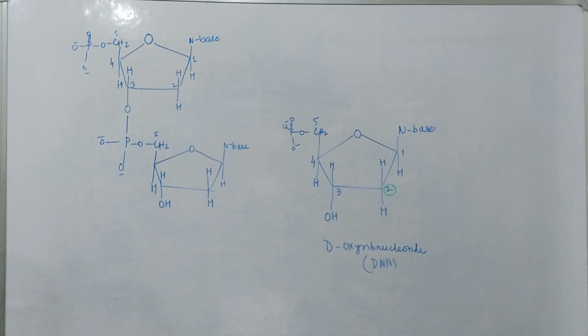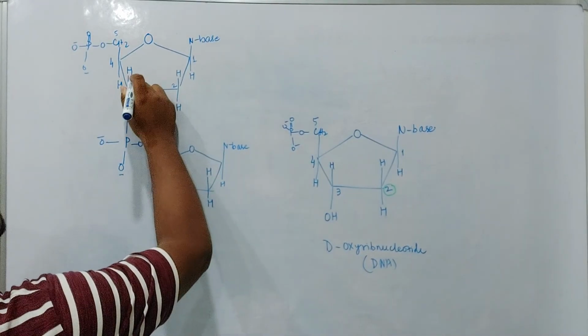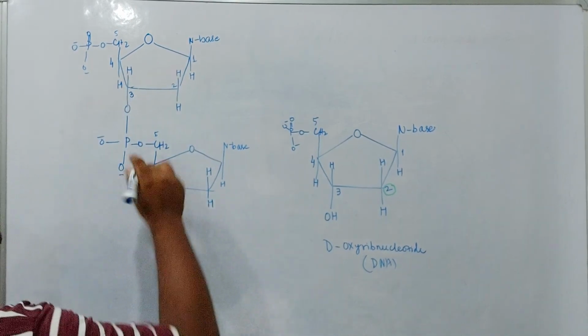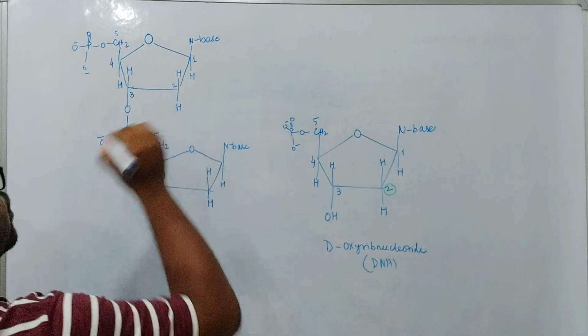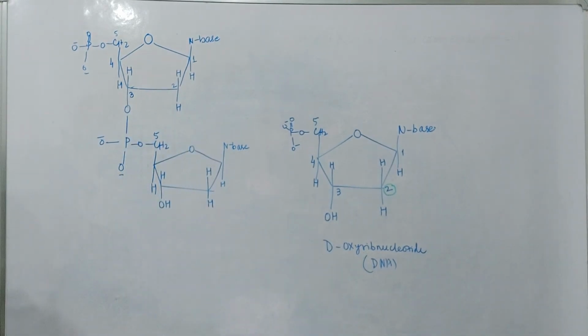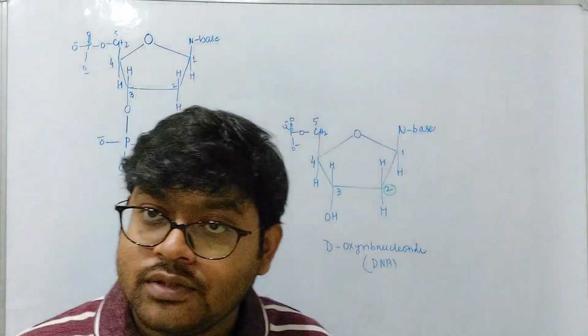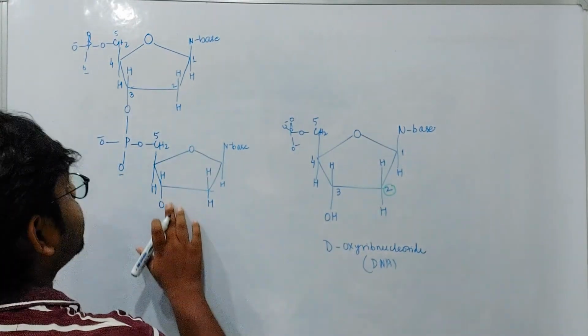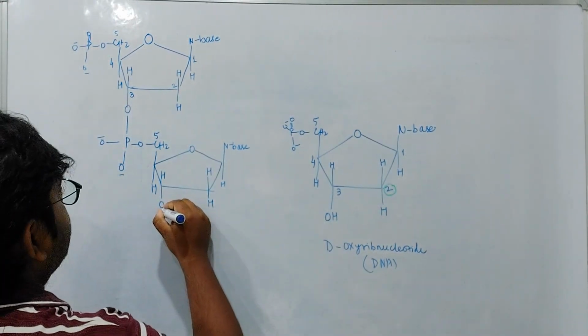All right. So this 3rd carbon is connected to the 5th carbon of another nucleotide unit. Similarly, another one can connect like this.